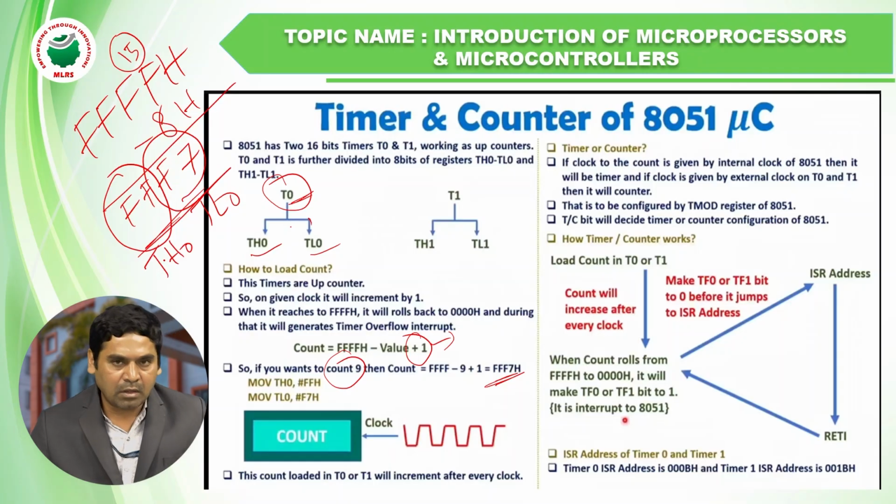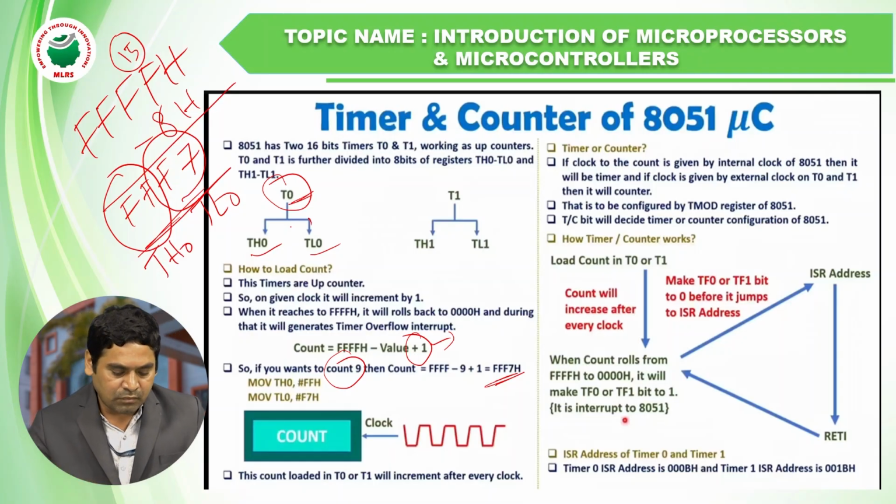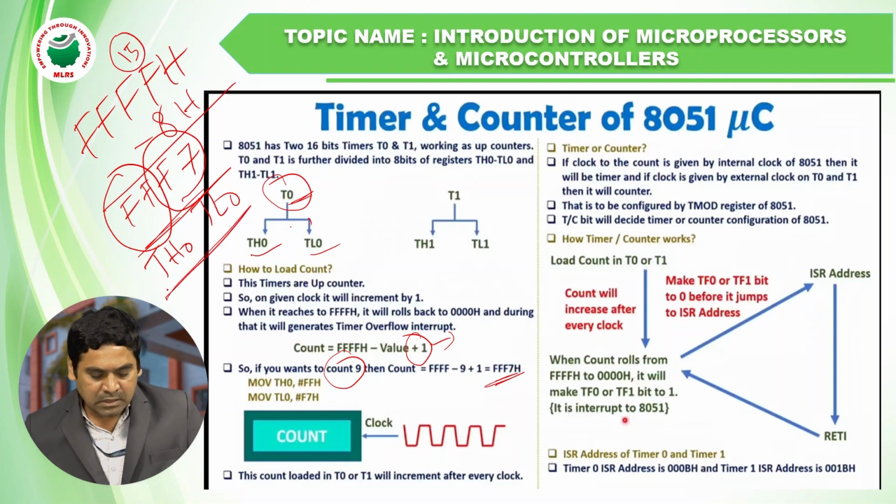I am talking only about timer 0 and the count we got is F7. The required value is 9, and 1 is added to roll back and get the interrupt in timer 0. How do we load TL0 and TH0?